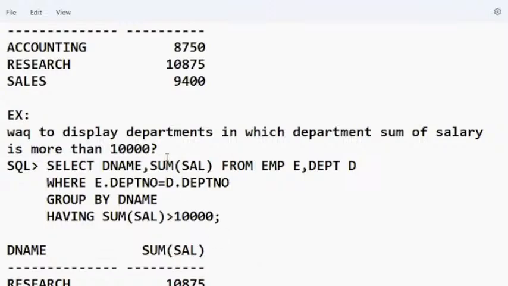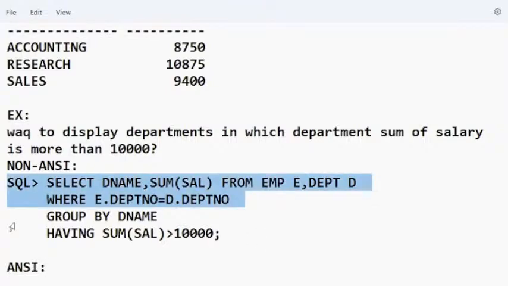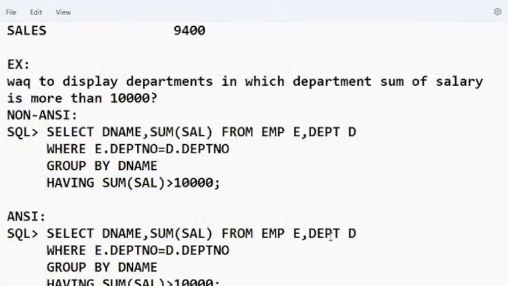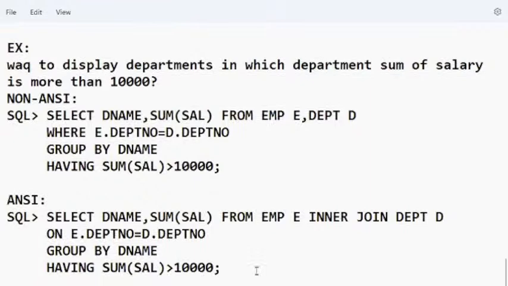And this is what type? Non-ANSI type. Okay. And even though, you can write the same thing in ANSI also. So in place of this, use inner join, in place of where use ON, and the remaining will be the same.